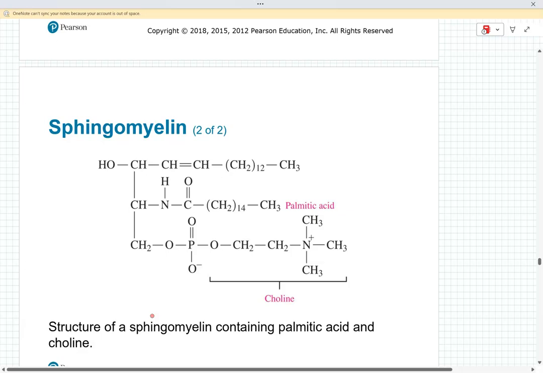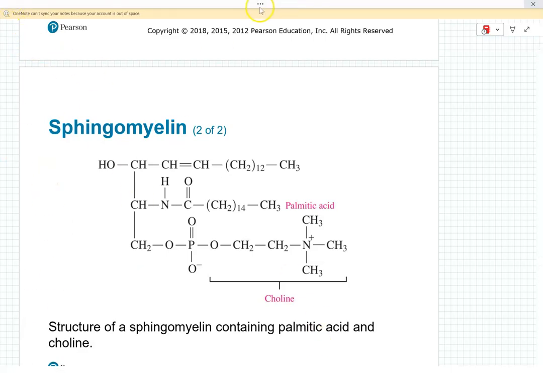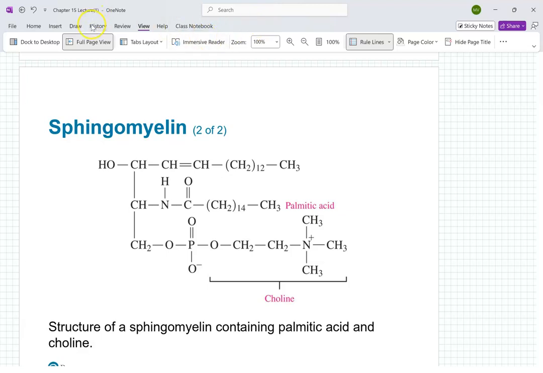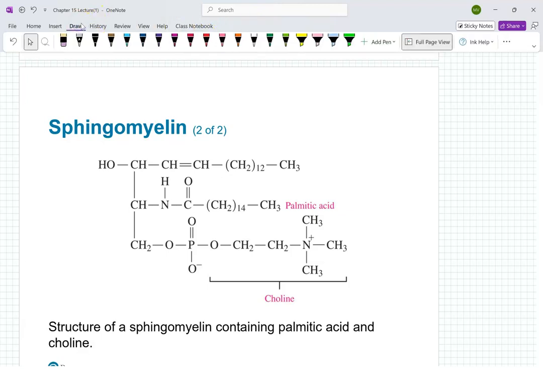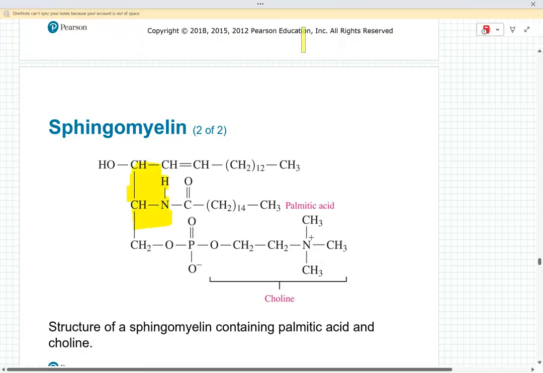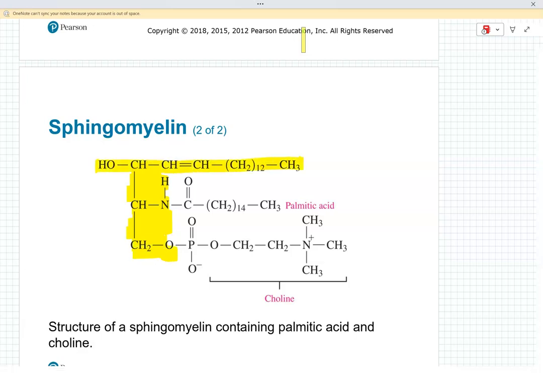So this is the structure of sphingomyelin, and let's take a closer look at this. I'm going to highlight different parts of it. First of all, we need to identify the sphingosine molecule. So this is the sphingosine.